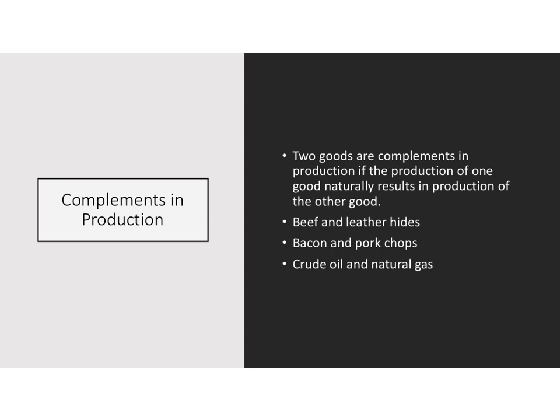So if the price of beef were to rise, let's look at beef and leather as our examples. If the price of beef were to rise, then by the law of supply, we know that the quantity supplied of beef will increase. Greater production of beef, well, this will naturally lead to increased production of leather.